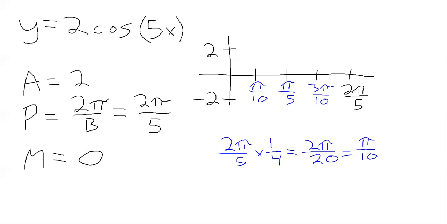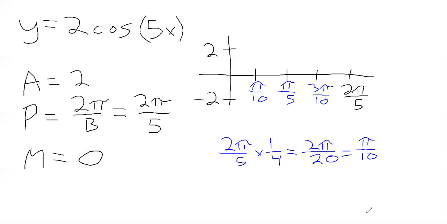Now that I've got that much of my graph, I need to figure out what this cosine graph looks like. Cosine either starts at its maximum point or its minimum point, depending on if it's a positive or a negative cosine. With this one being a positive cosine, we would want to start and end our wave at our highest point, our maximum.